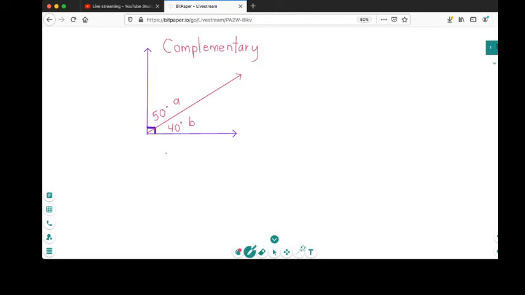So this is a complementary angle. Say that 5 times fast, eh? The rule is that when you have two complementary angles, angle A plus angle B is equal to 90 degrees.